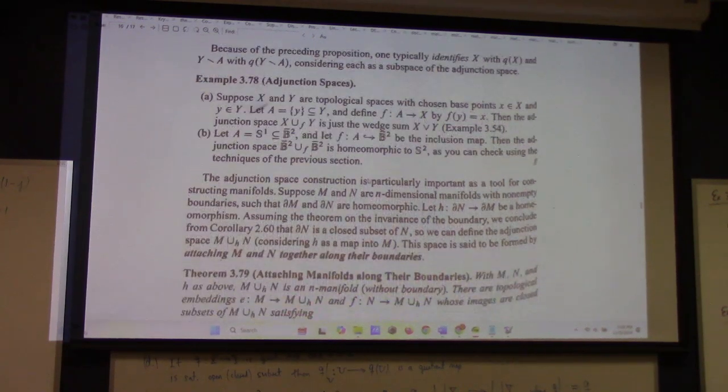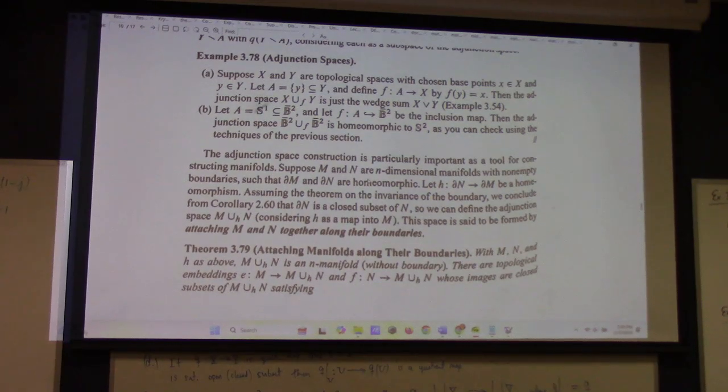But what's up next is actually really, really interesting. He talks about manifolds M and N, and they have boundaries, boundary M and boundary N. If they're both n-dimensional manifolds and they have homeomorphic boundaries, and you have a homeomorphism from the boundary of N to the boundary of M, then you can use the adjunction construction on that homeomorphism of the boundaries to glue these two manifolds together.